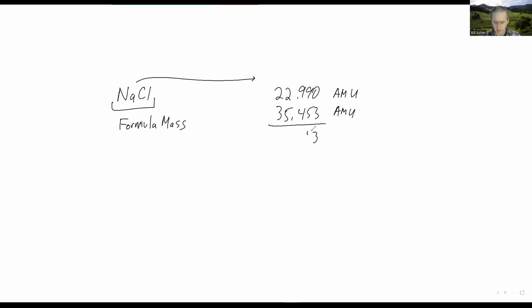So the sum is 58.443, and this is the formula mass for NaCl.